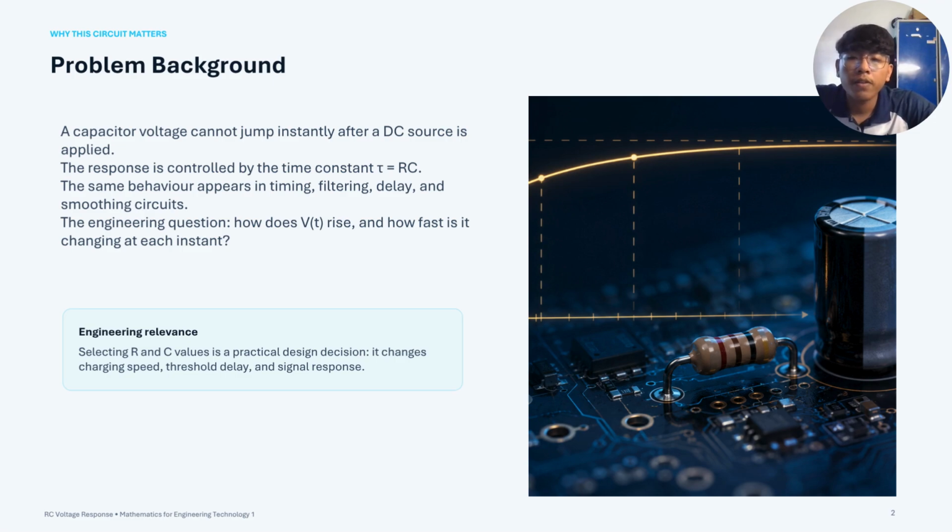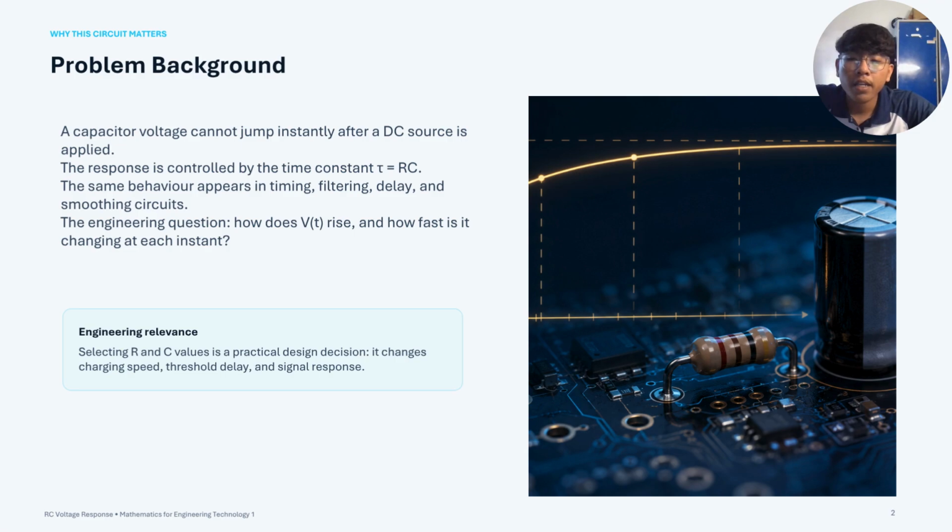The speed of this change is determined by the time constant represented by τ = RC, where R is the resistance and C is the capacitance. This behavior is very important because the capacitor voltage determines when a circuit reaches a certain threshold, activates the next stage, or smooths out unwanted fluctuation in a signal.